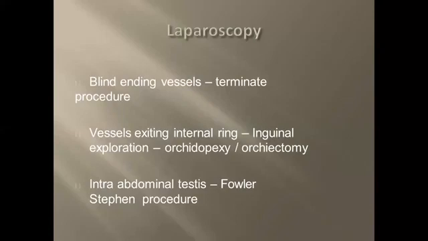You have to terminate the procedure because you cannot do much when the testis is not supplied by any vessel. If during laparoscopy you notice that the gonadal vessels supplying the testes are exiting from the internal ring, and you don't have the expertise to do laparoscopic orchidopexy, you can open the inguinal canal and do orchidopexy.